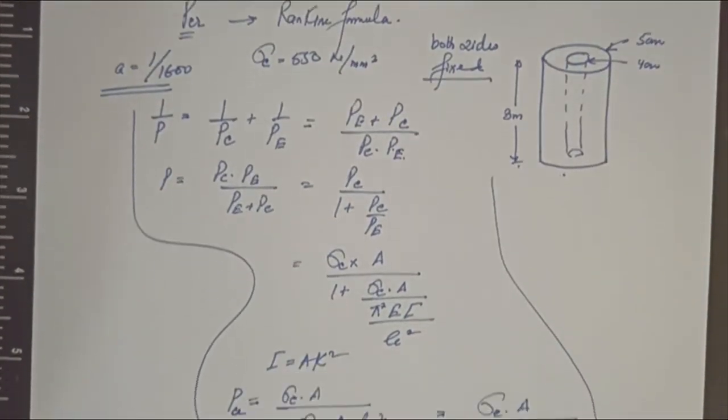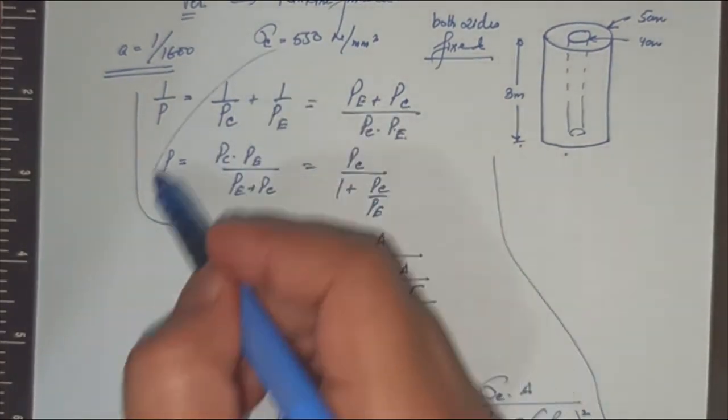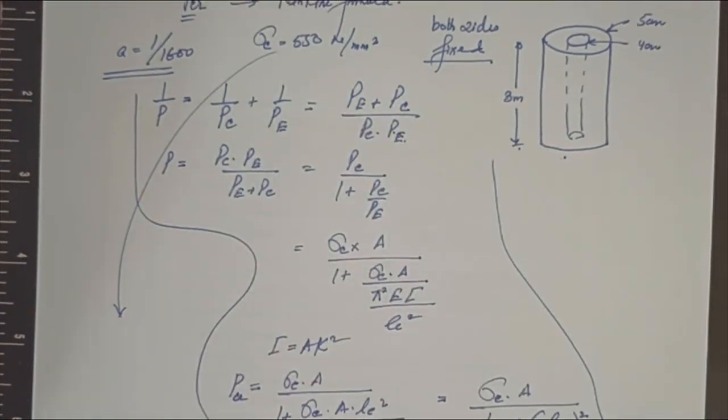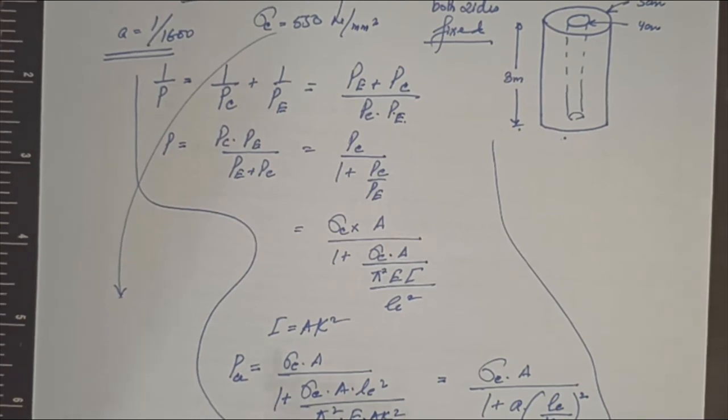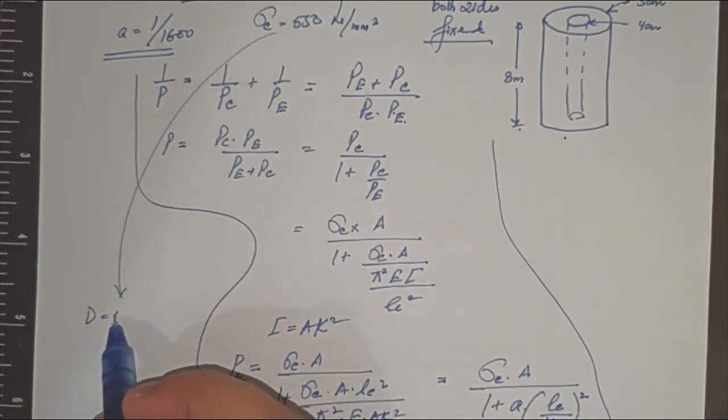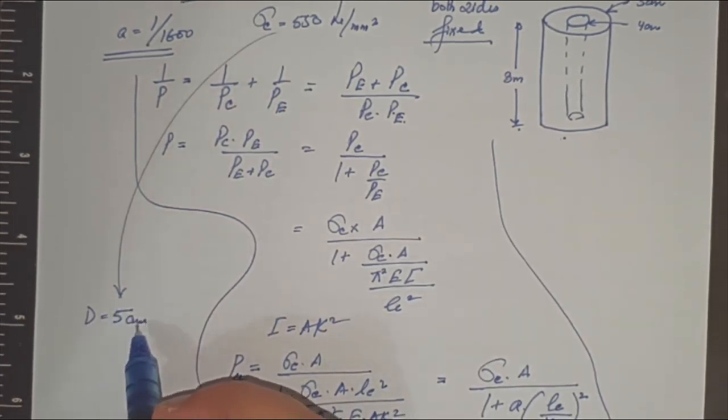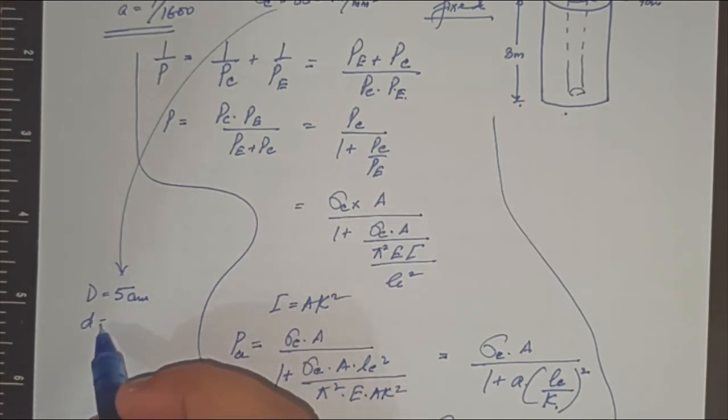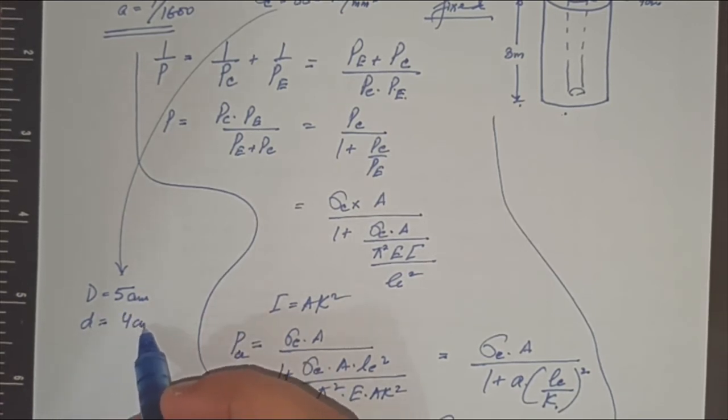Now let's come to exactly the numerical we have to solve. We know that the external diameter D is 5 centimeter, and small d, the internal, is 4 centimeter.